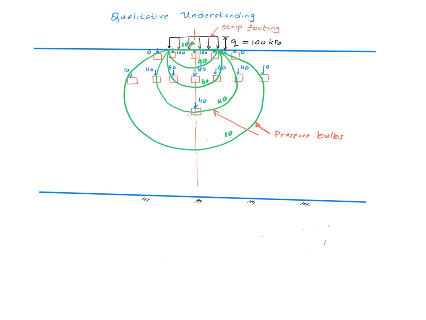As long as the depth is very small compared to the width of the footing, the change in the vertical stress can be approximated as 100 kilopascal, which is the footing pressure. There's one scenario where this type of approximation applies, and let's talk about that in the next slide.